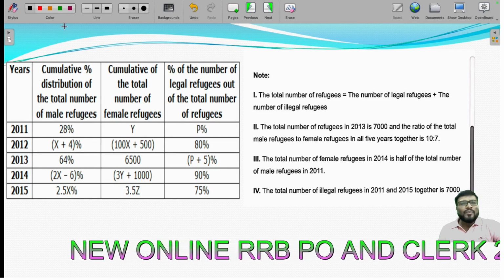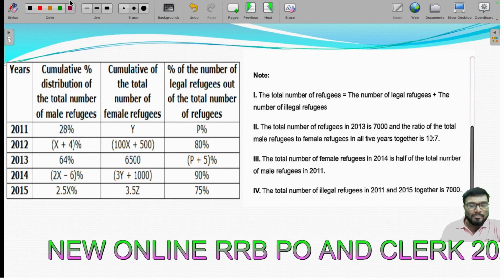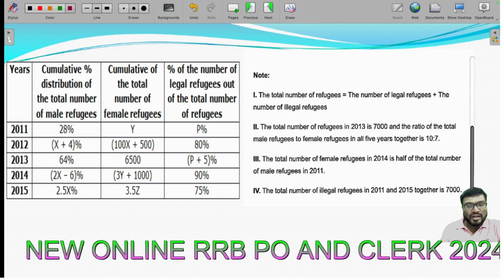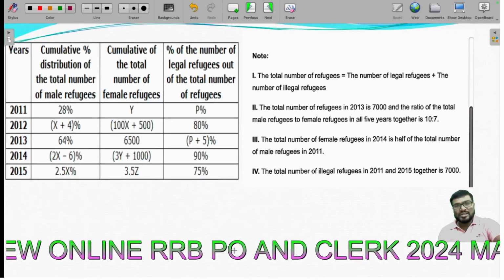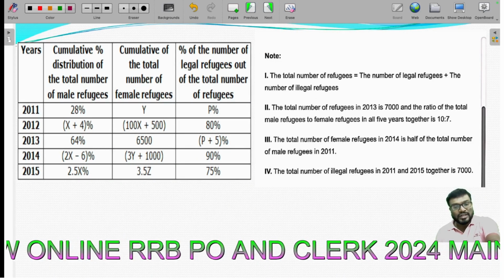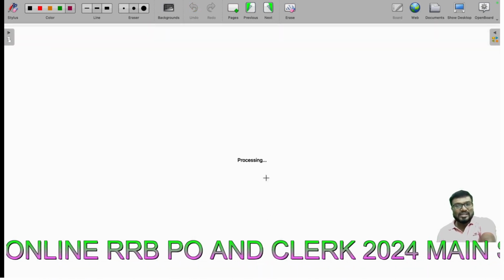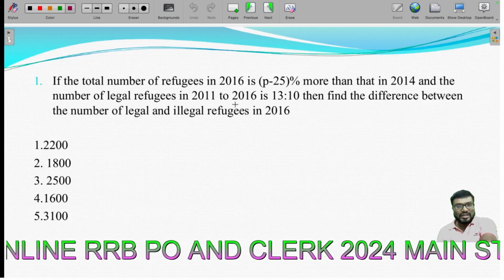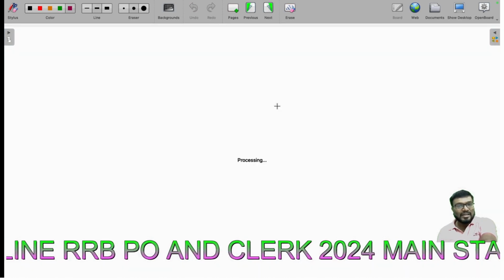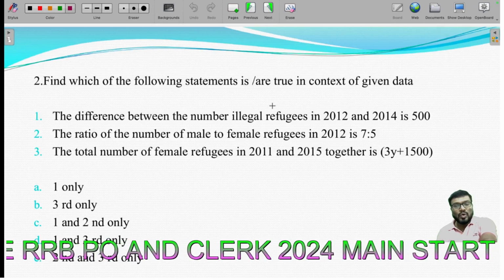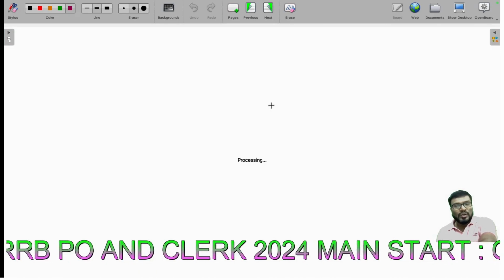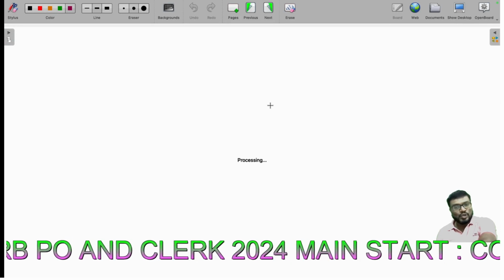Whenever you solve mains level data interpretation, my suggestion is to get the full data first. Don't jump to the questions, because the questions will not be direct. They are related to variables. Once you know all the data, only then can you answer these questions.